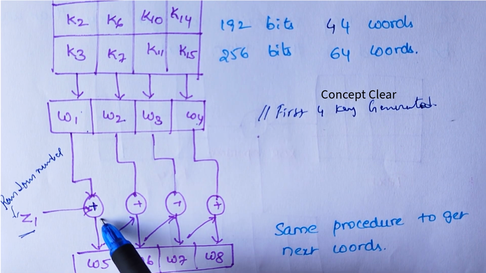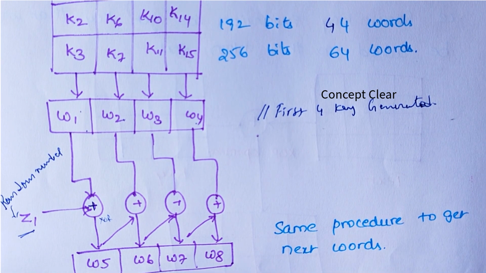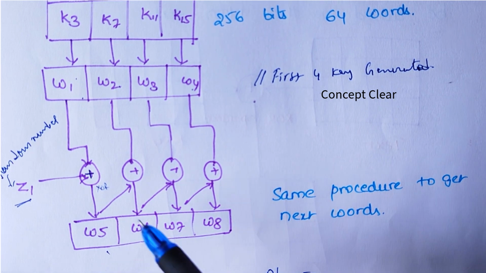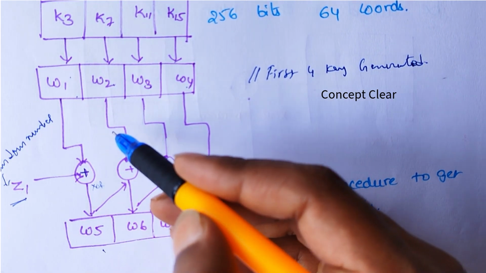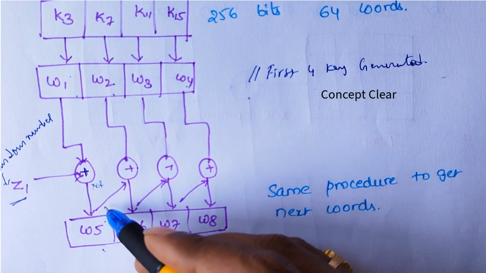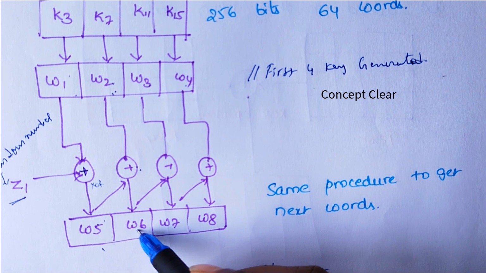If you perform XOR of W1 with Z1, we will get W5, which is the next additional key. To get the next key, we take W2 and XOR it with W5. Then we generate W6.